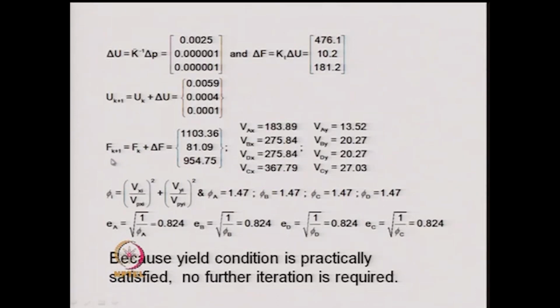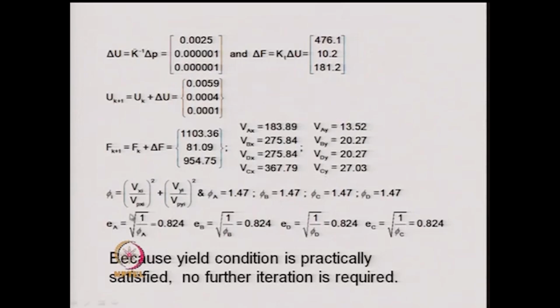The F k plus 1 that we obtain, that is the total shear in the x and y direction and the rotational force, that we obtain at the end of the time step, and the shear forces in each one of the columns are calculated, they are shown over here.